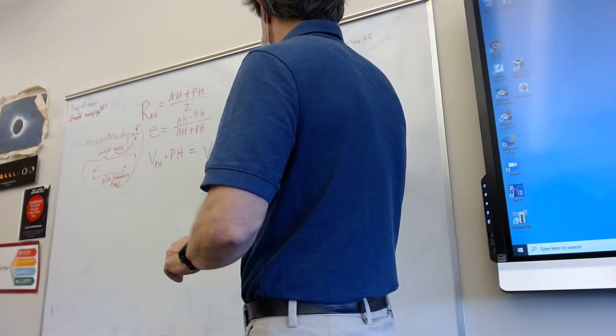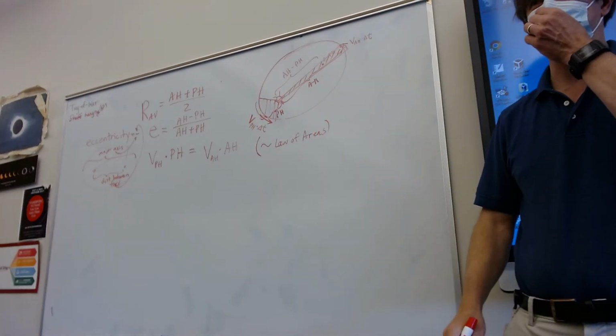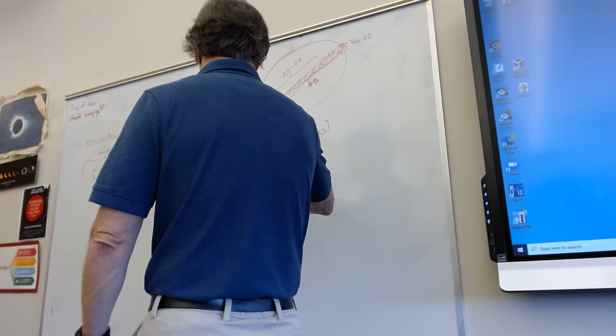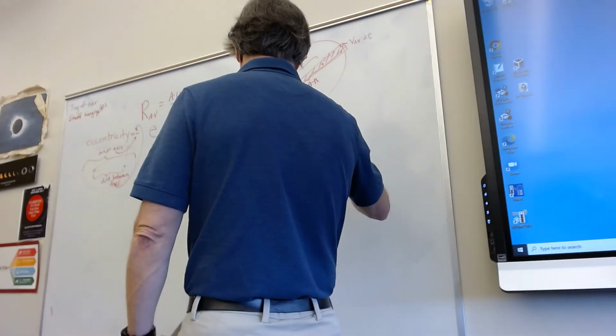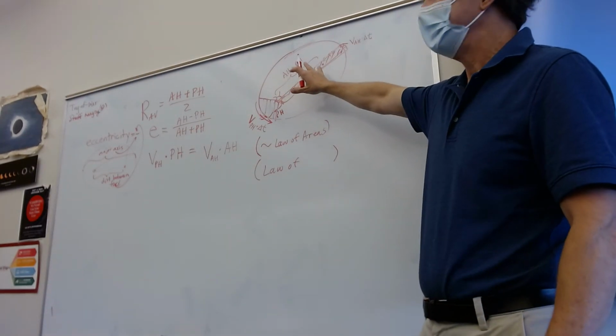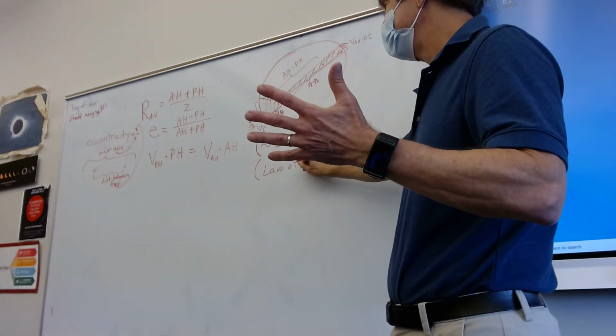It's kind of the law of areas. It's a consequence of the law of areas. And now I'm going to write another law. I kind of got the law of elliptical orbits drawn. I kind of got the law of areas said, but now I'm going to write the law of what? Periods.